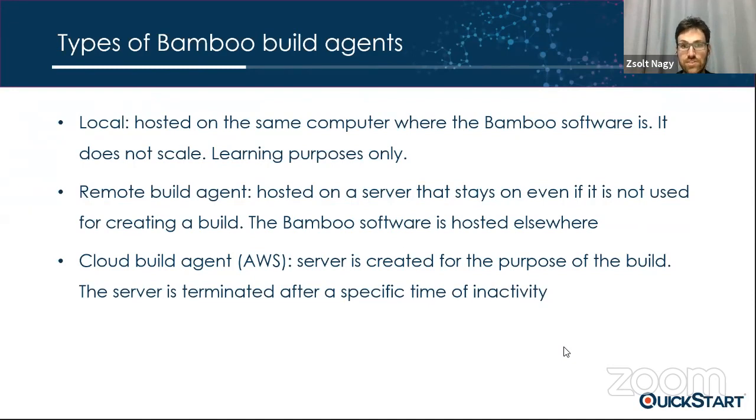Types of build agents: you will see the local build agent, which is hosted on the same computer where the Bamboo software is. Unfortunately, it does not scale, so it's good mainly for learning purposes. Once you finish this webinar, if you don't have any other obligations, you can grab a computer with an internet connection, download Bamboo, register with Atlassian, and get a 1 month free trial, I think.